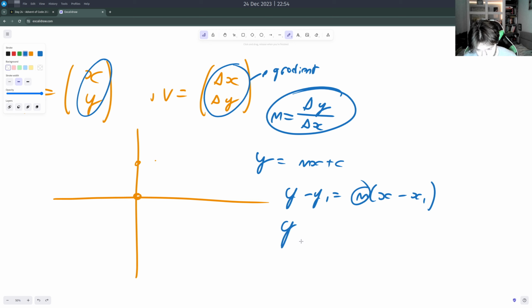To see if they intercept, we will have to solve some equations, which I don't really know how to do in code. So first of all, we need to do y equals mx minus m times x1 plus y1.